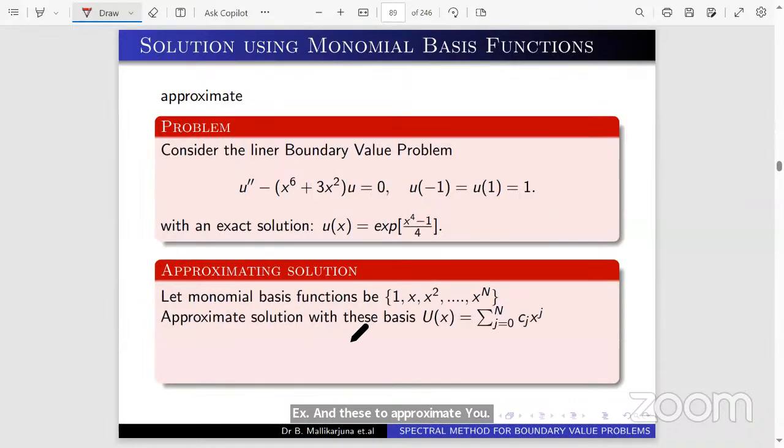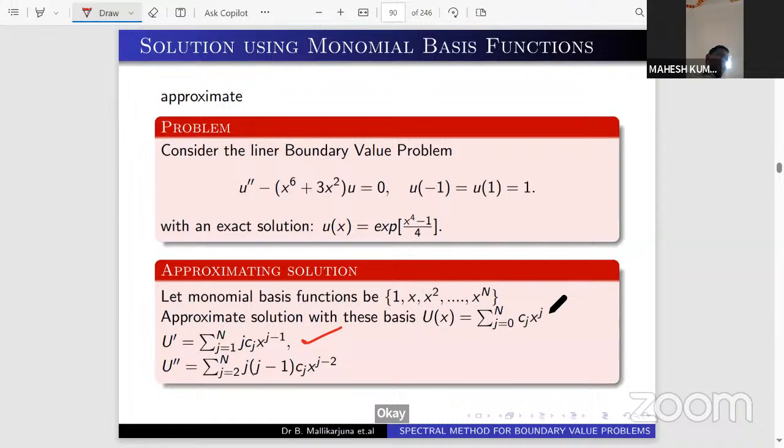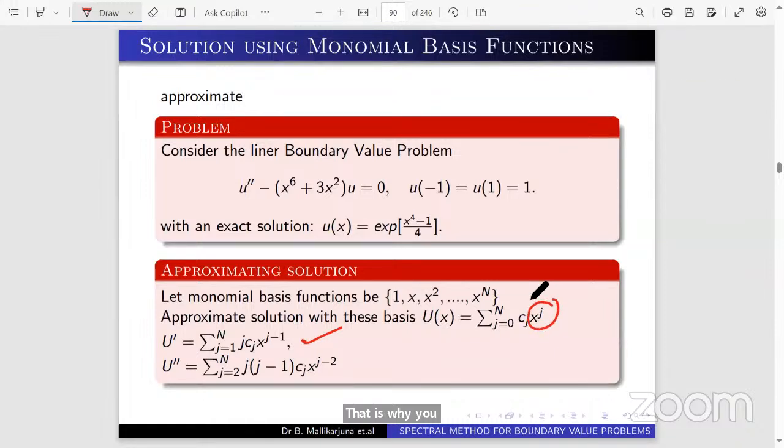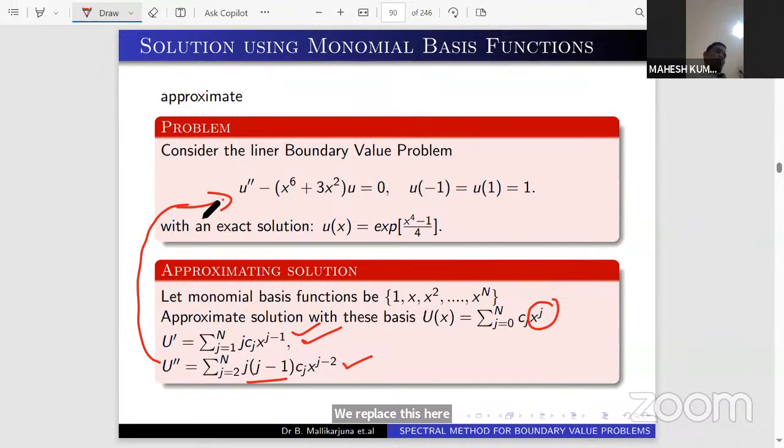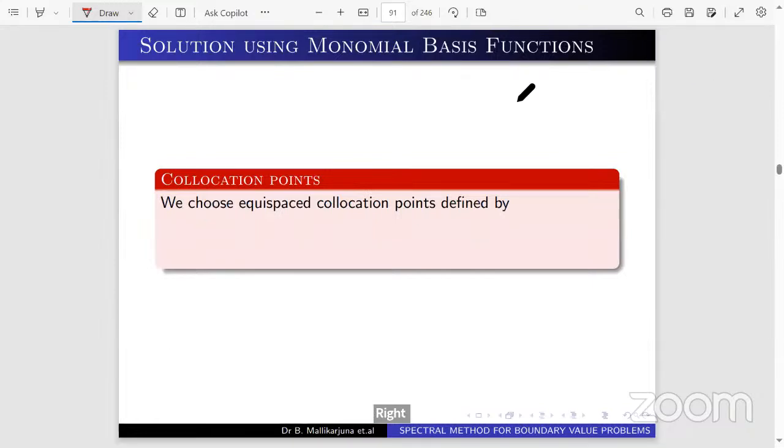You see, the approximate solution with these bases, this is the expression. And we need u double prime. That is why u prime, j into x power j minus 1. Similarly, u double prime, j into j minus 1 x power j minus 2. We replace this here. So that is how you approximate the solution.